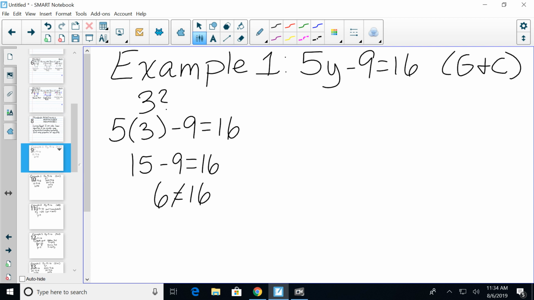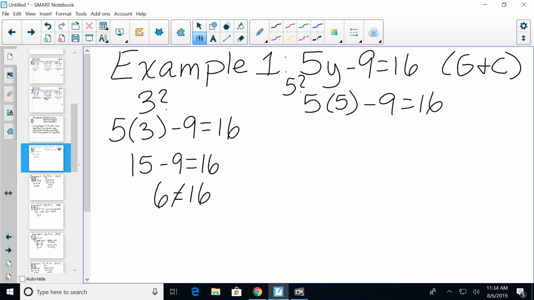So for sake of time, those who did mental math, that you're not always going to be able to do for guess and check because it won't always work out evenly. 5 is now my guess, so I'm going to plug in 5. And I do the same math again.